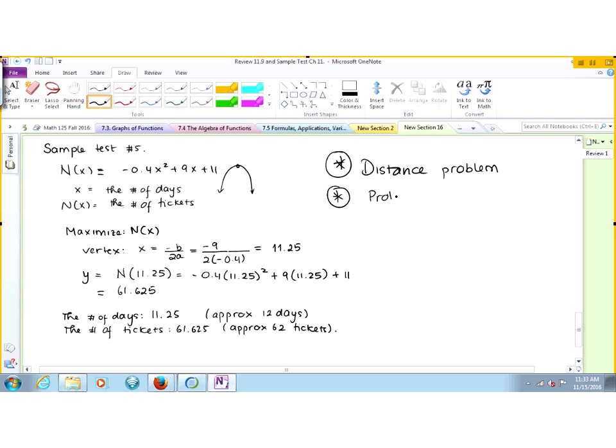Yes, problems involving work, the pipe problems, where the larger pipe takes 2 hours less than the other. This is from 11.4. I can't remember the section, actually.